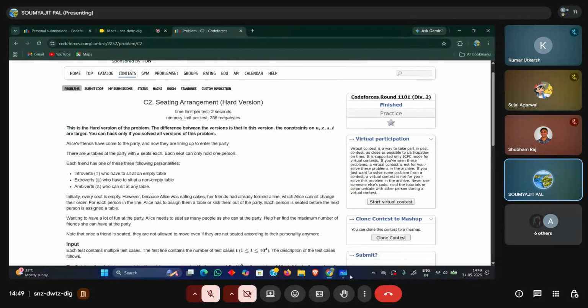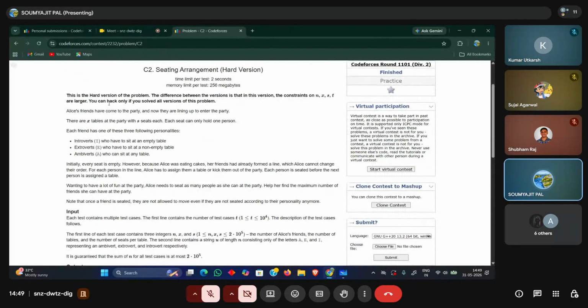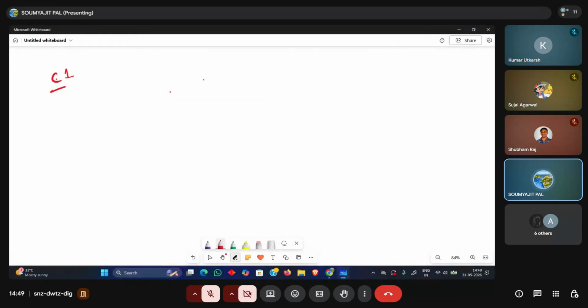Let us see. So Alice's friends have come to a party. There are X tables and S seats each. And there are three types of persons: introvert, extrovert, and ambivert. We'll discuss C1, C2 as a whole.